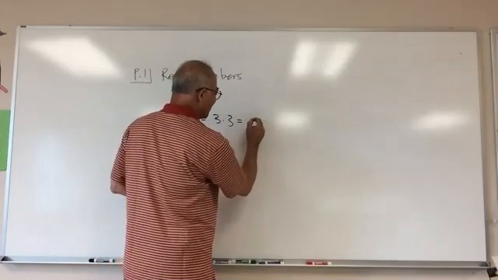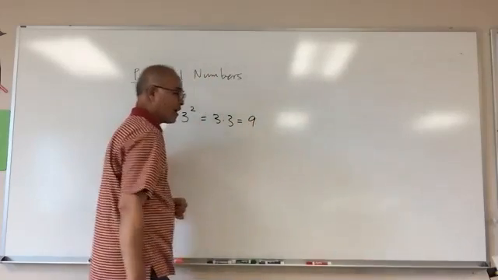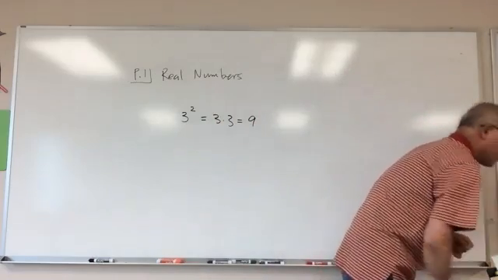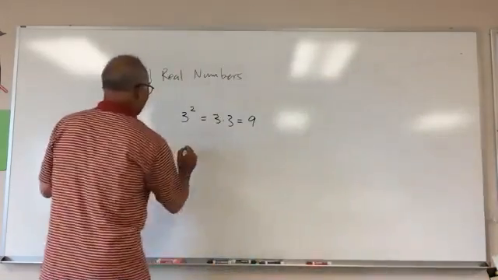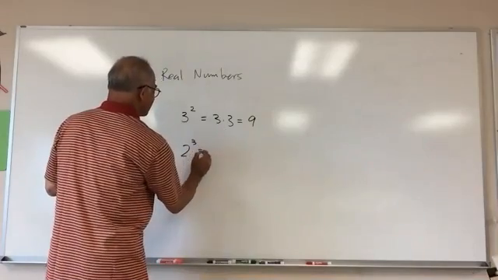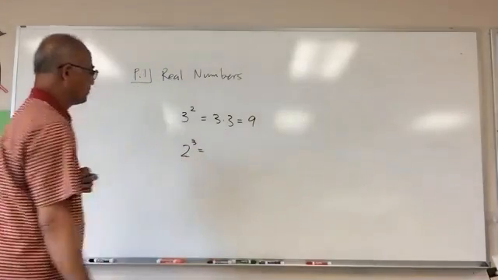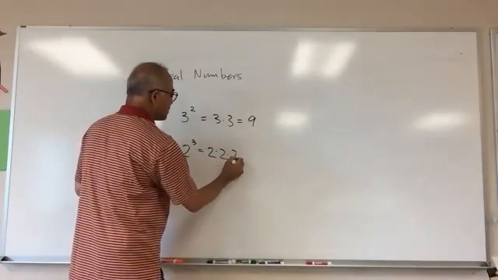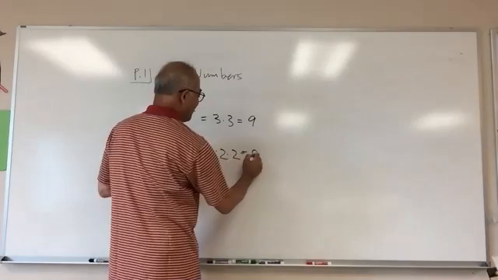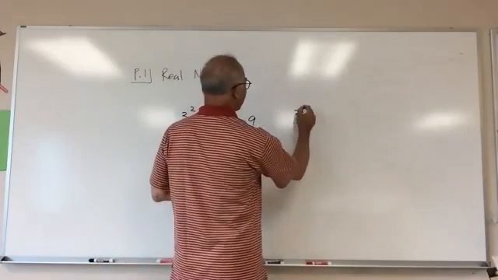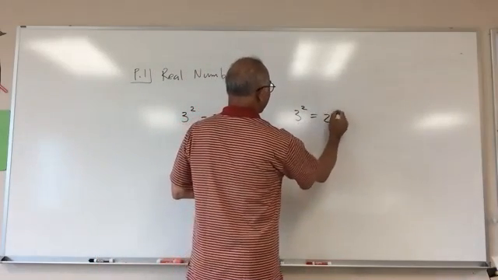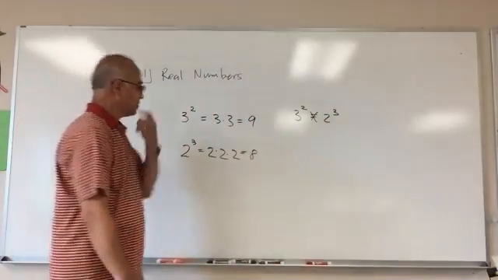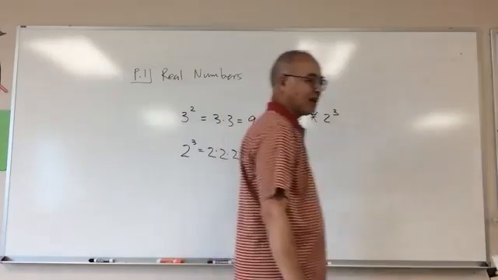Okay, good. Caden, what is this? 8, because it's 2 times 2 times 2, 8. So obviously, this and this are not the same. These are exponents.